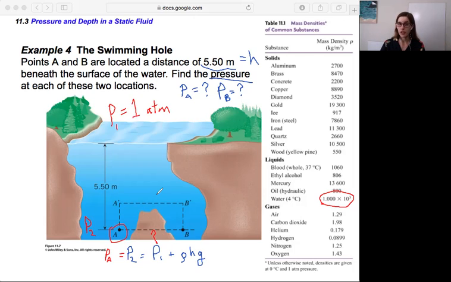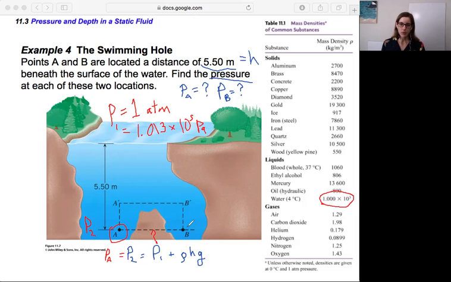That's our standard default, but you do have to be careful because, as I mentioned, 1 atmosphere is not yet in our pascals of SI units. So in pascals, we'd have to write this as 1.013 times 10 to the 5th Pa. So now we're in good shape to solve, and we can get the pressure at point A.